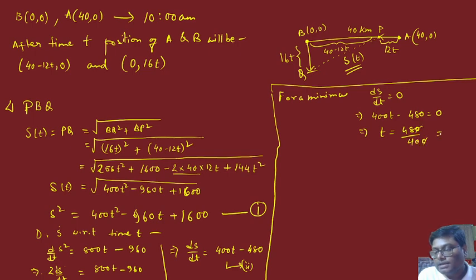Simplifying, 6 by 5 equals 1.2, as t is taken in hours.